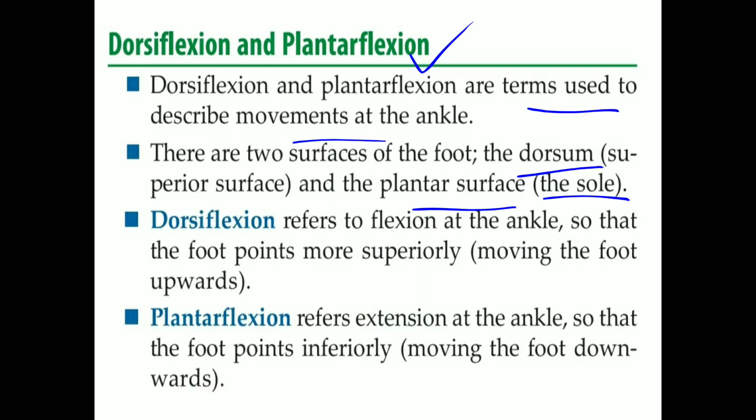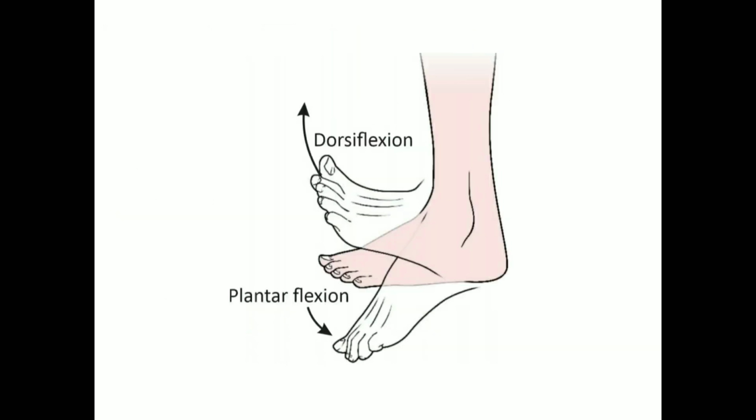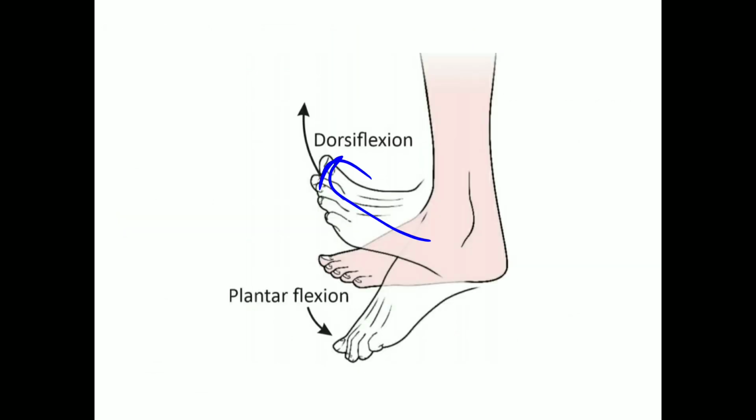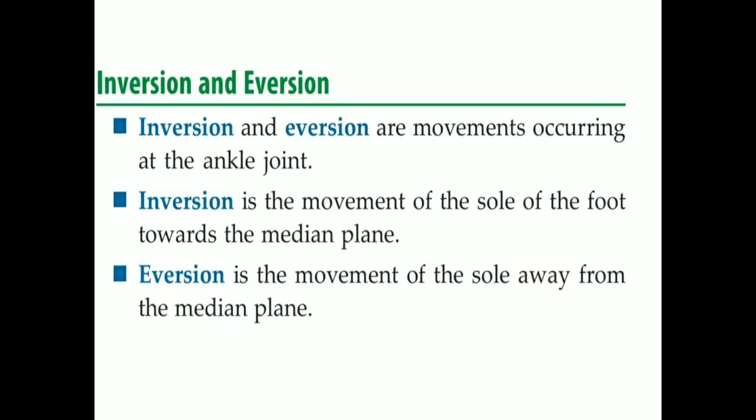Here there are two movements, dorsiflexion. This refers to flexion at the ankle so that the foot points more superiorly, moving the foot upwards. Moving the foot upwards is dorsiflexion. And plantar flexion refers to extension at the ankle, so that the foot points inferiorly, or moving the foot downwards. Moving the foot down is plantar flexion.